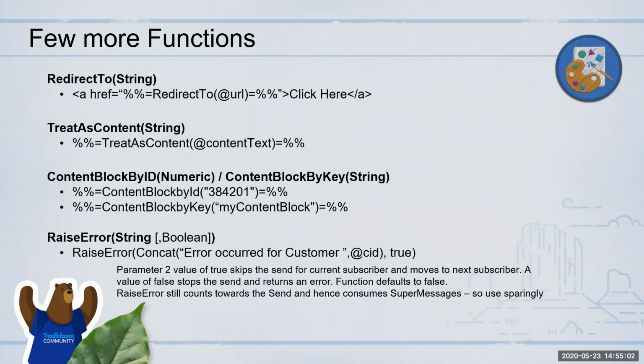If you just raise an error for those subscribers and go on, each of them will still get counted as a send, even if it is not sent to them. So you have to be very, very careful on that.